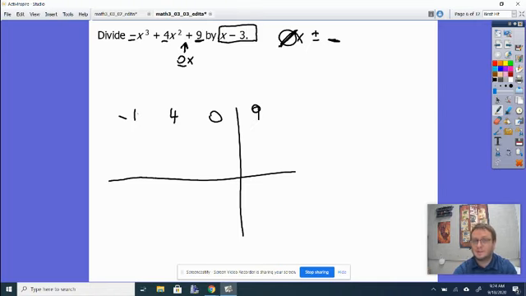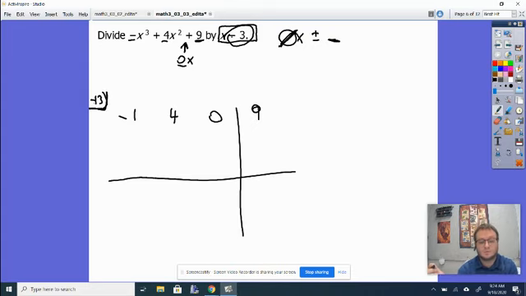If you do not put zeros, this will not work. It will give you the wrong answer. Okay, so both with long division and what we call synthetic division, which is what we're doing now, you have to have the zeros there. Okay, we're going to take this number and change the sign. So instead of -3, I'm going to have a +3. I'm going to put that right here.